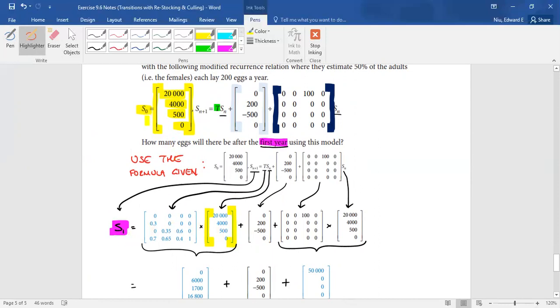And we've got the starting matrix here already. And what you notice is, remember, we've got two of these. This T here is our transition matrix.